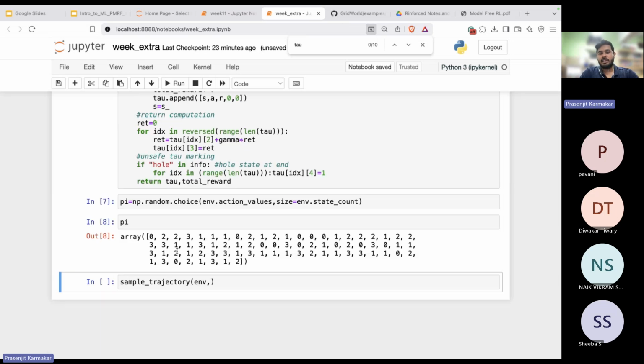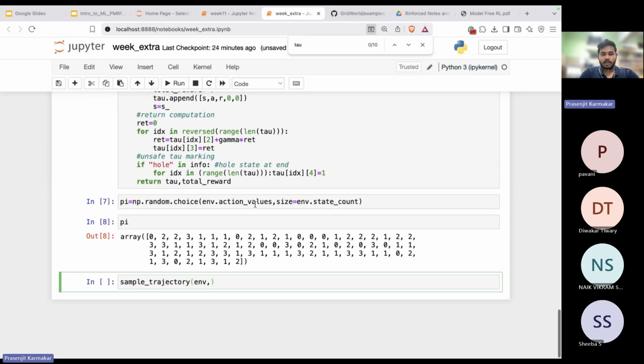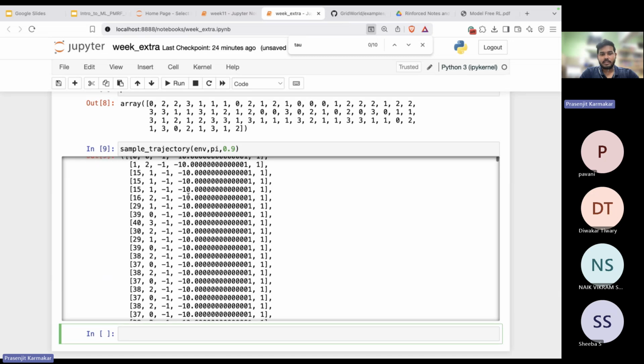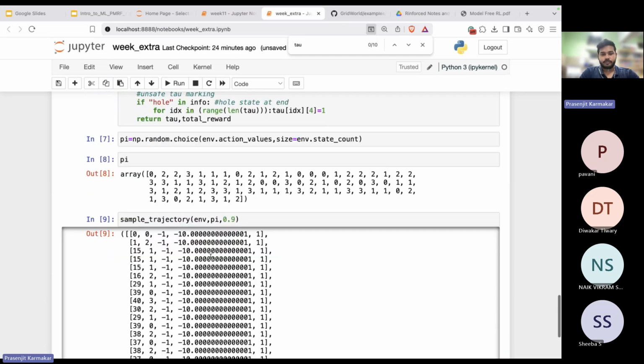So basically, in which state you take what action, and the mapping you already know: 0 means go right, 2 means go left, something like this. Okay. So you give the environment, you also give the policy and the gamma. The policy is pi, gamma is 0.9 by default. If I do sample, see what it returns. It returns two things, tau and total reward.